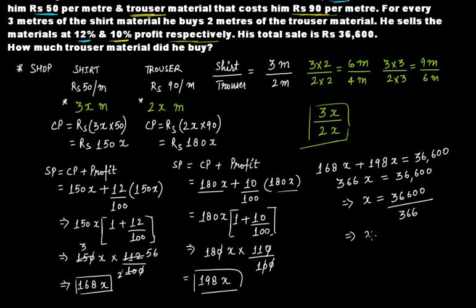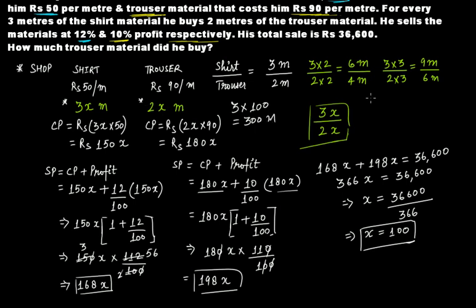You get x as 100. So if your x is 100, then what will be your 3x? Because we have assumed that the shirt material that you have purchased is of length 3x meter. So 3x is 3 times 100. So it comes as 300 meter.